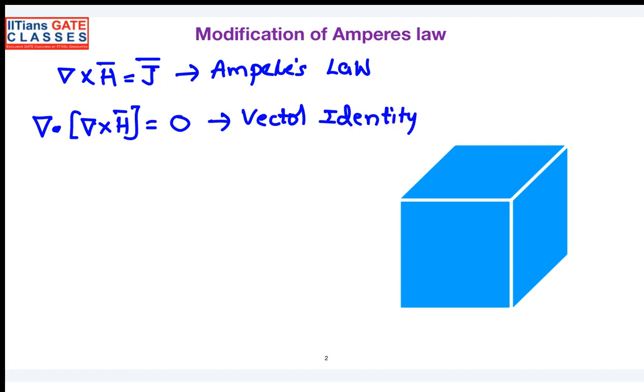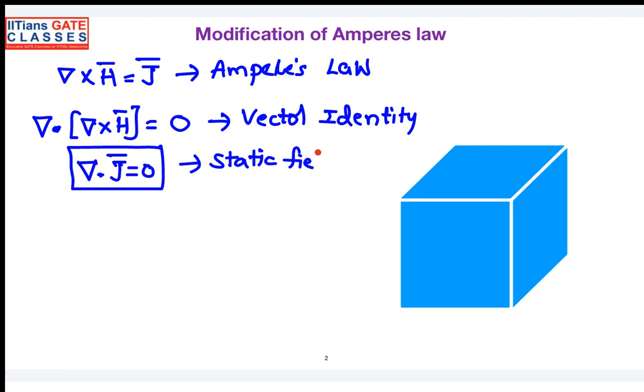What is the meaning of that in this case? In case of static fields, the curl of H is equal to J, which says that the divergence of the current density will be equal to 0. I will consider this as equation 1.